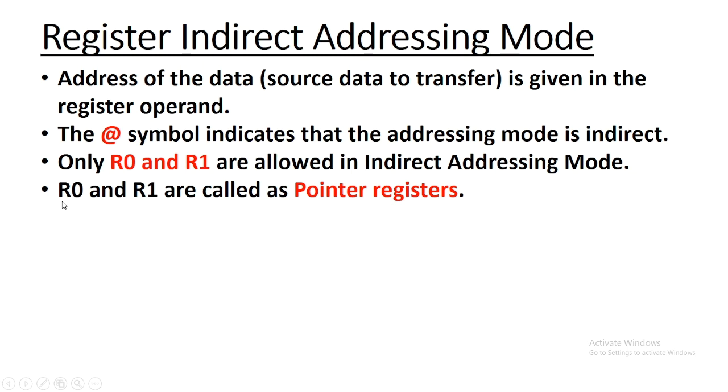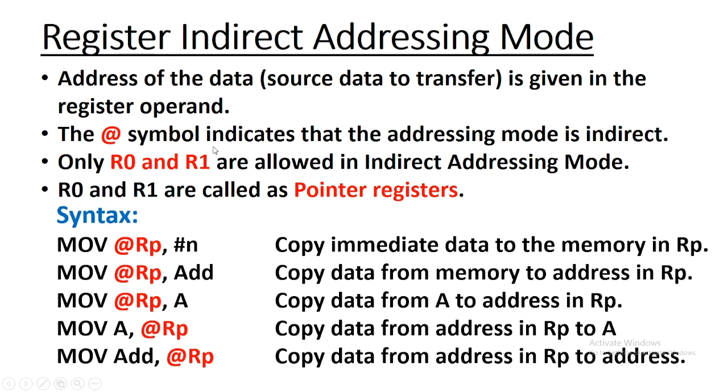So there are two pointer registers used, which are R0 and R1. Only those two registers, R0 and R1, are allowed in the indirect addressing mode. To identify these two registers acting as pointer registers, the @ symbol is used. That @ symbol is placed before R0 and R1, which indicates that this is the indirect addressing mode.